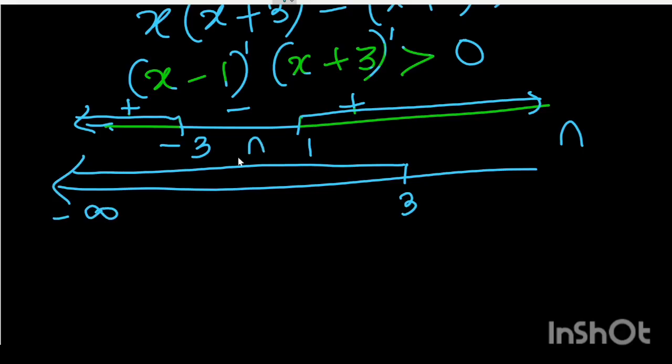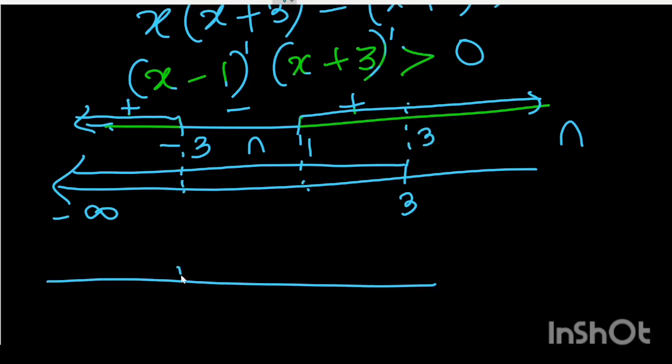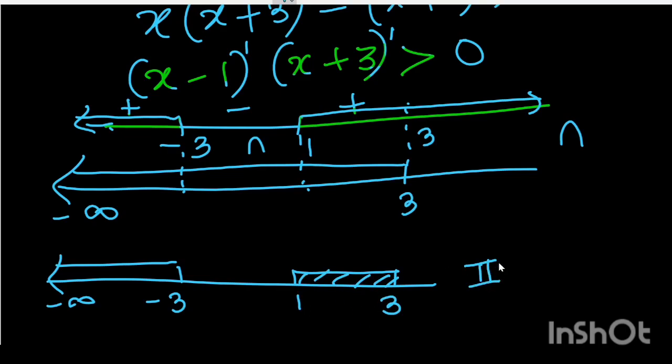Now if you take the intersection, this and this region would be the common region. So the answer would be minus infinity to minus 3 and then 1 to 3. This would be the second answer.